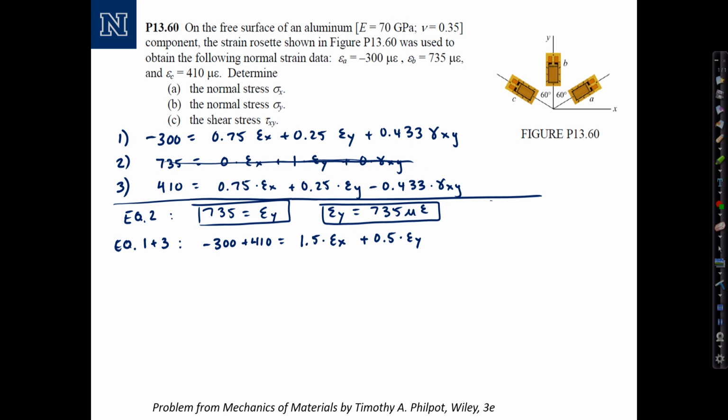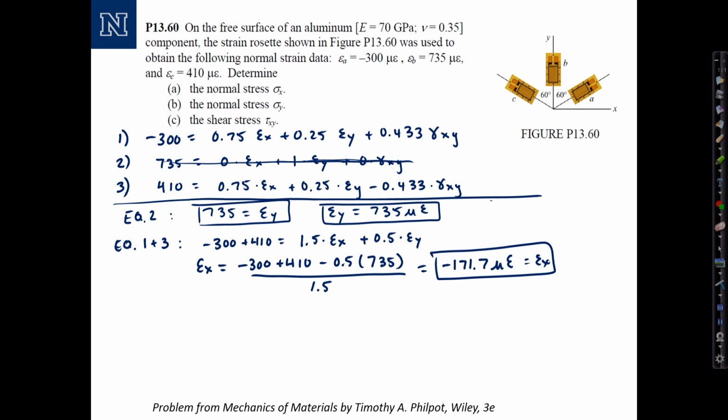Gamma xy cancels out of the equation. Solve directly for epsilon x equals negative 300 plus 410 minus 0.5 times epsilon y, 735, and the whole thing divided by 1.5. And this computes to epsilon x equals negative 171.7, and the units would be microstrains.